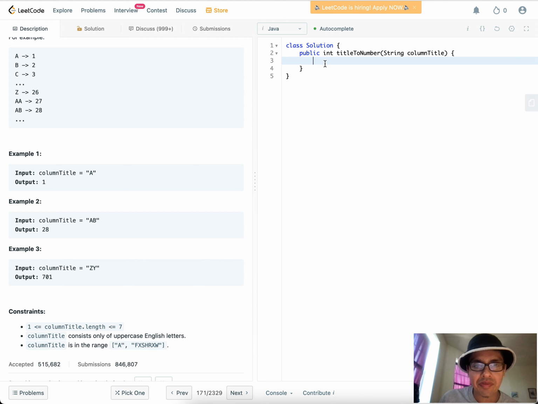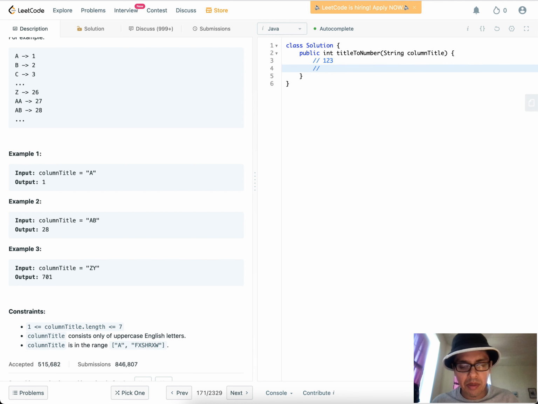Okay, so before we solve this problem, let's look at another number. Let's say 123. So how do you calculate 123? Well, you can break this down into 1 times 100 plus 2 times 10 plus 3 times 1.